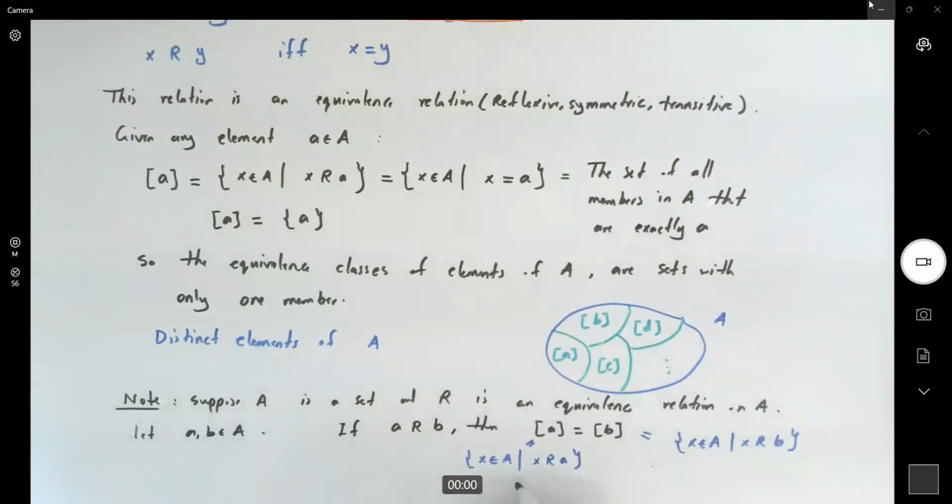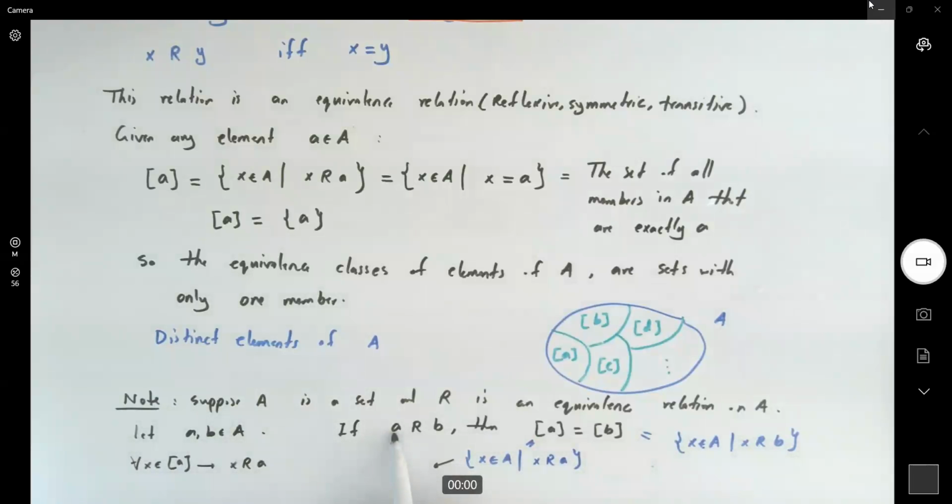If I take any member in this set, for any X in the equivalence class of A, I conclude that X is related to A, am I right?